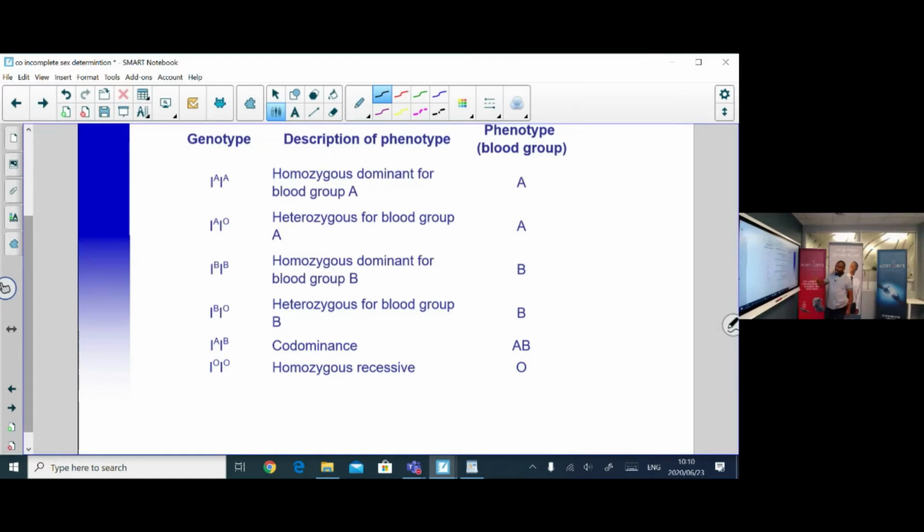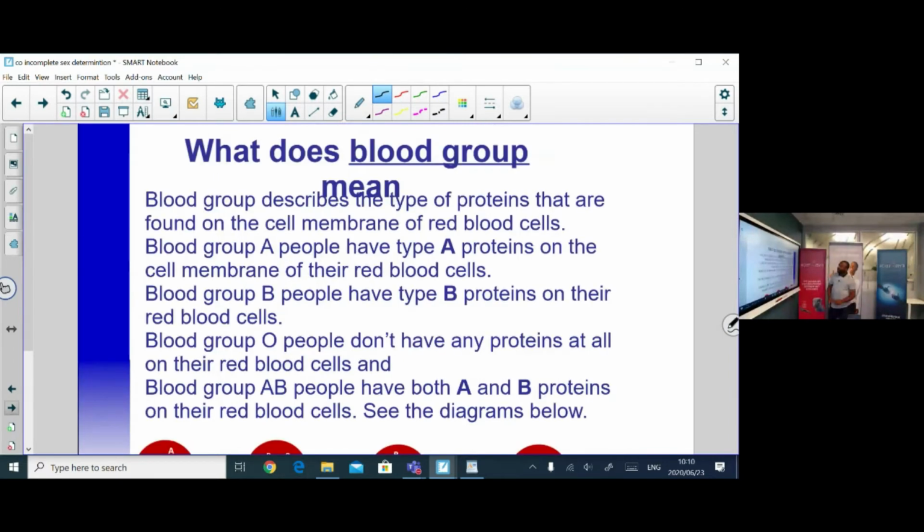All right, and we have an assessment to do. It's all about complete dominance and codominance. It's a short one. It's multiple choice. So after that assessment, we should be able to comfortably distinguish between codominance and incomplete dominance. Right. I'm sure you are with me. All right.